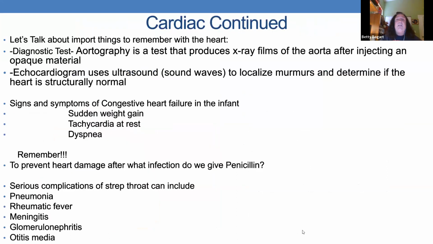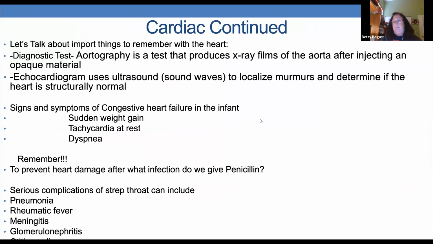Now, things you need to know about the heart. When we look at things like coarctation, we might have to go ahead and look at that aorta, right? The name of that test, which is X-rays of the aorta by putting some opaque dye in there, we shoot it in there, take a picture, and we can see, is the aorta open completely or where's that kink?